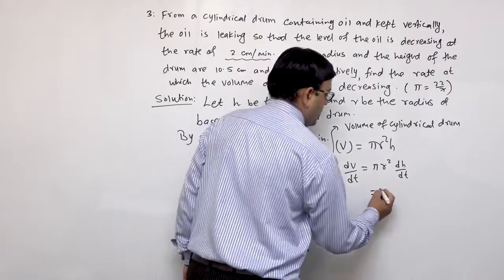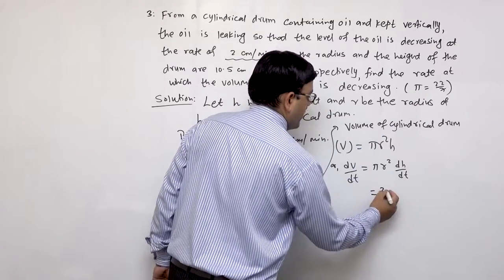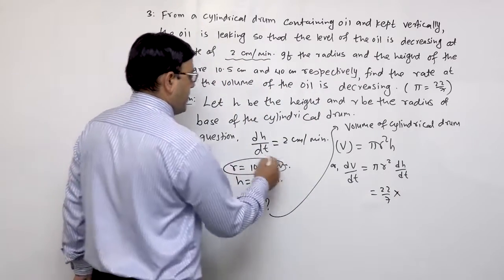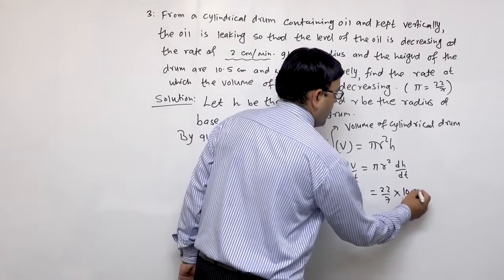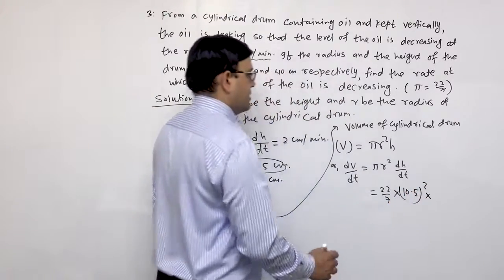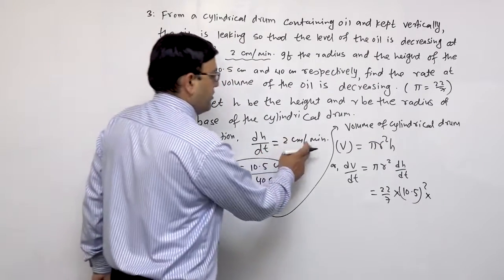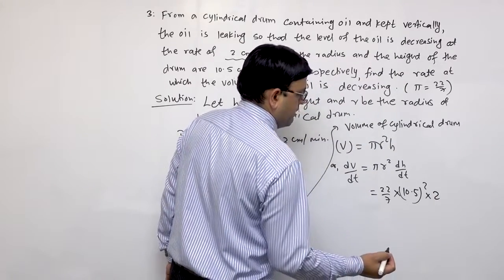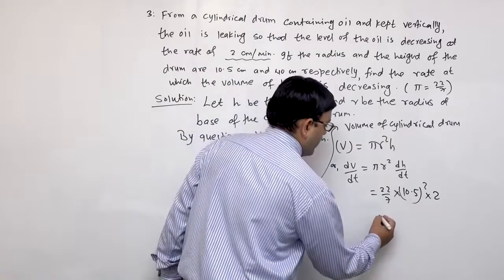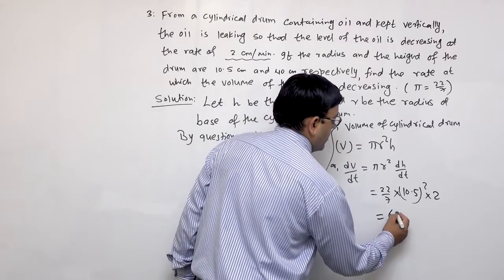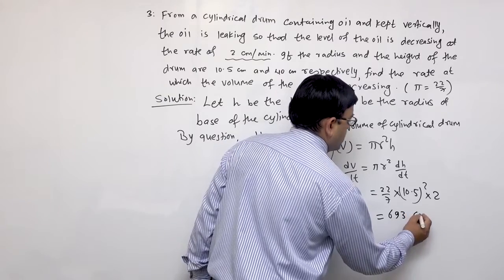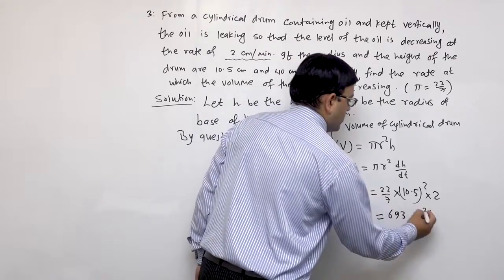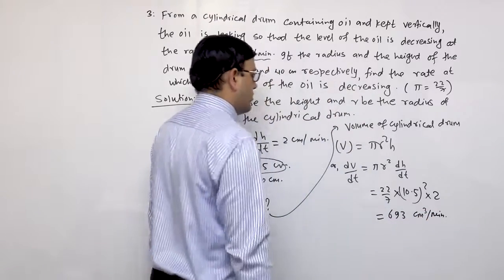So this is equal to pi, the given value of pi is 22 by 7, times the value of r is 10.5 centimeter. So 10.5 whole square times dh by dt, which is 2 centimeter per minute. We can multiply these and then we get the result 693. This is centimeter cube per minute, since this is volume. And this is the required answer.